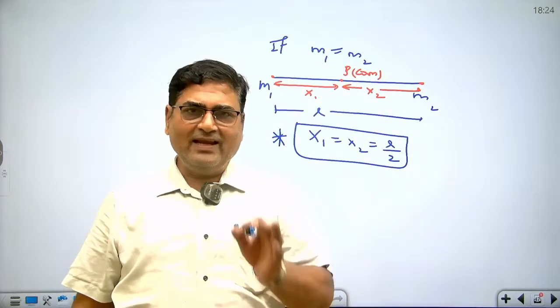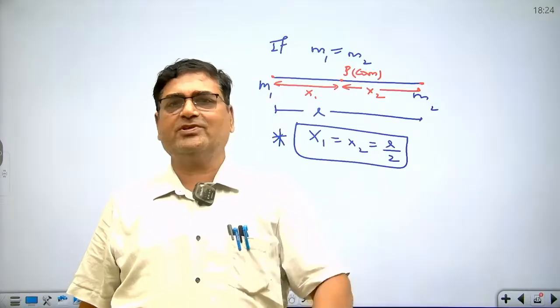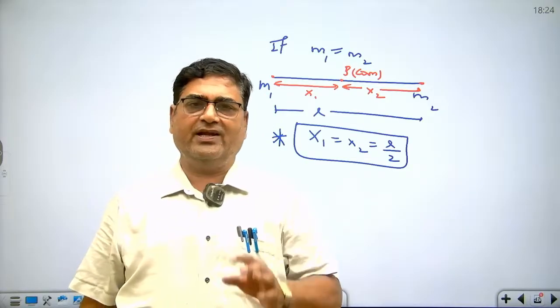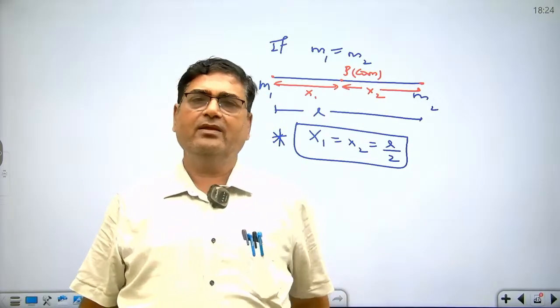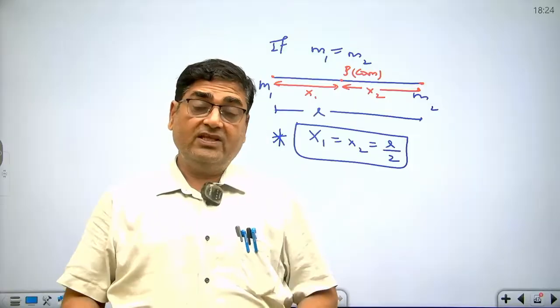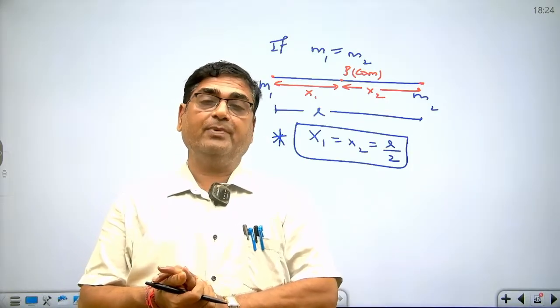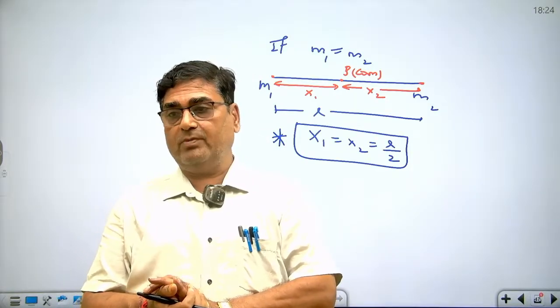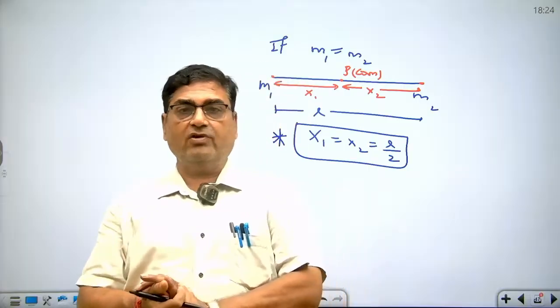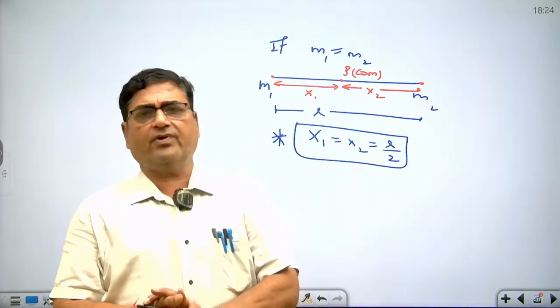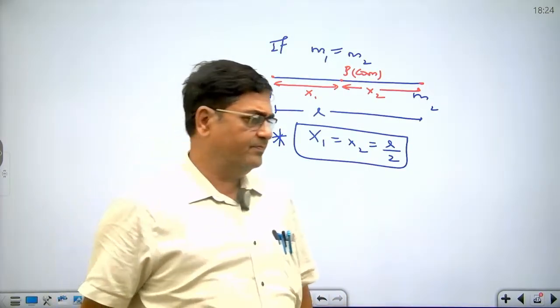This fundamental will be utilized at many places in solving problems of center of mass. Okay, so let's start solving for the position of center of mass for a point mass distribution system.